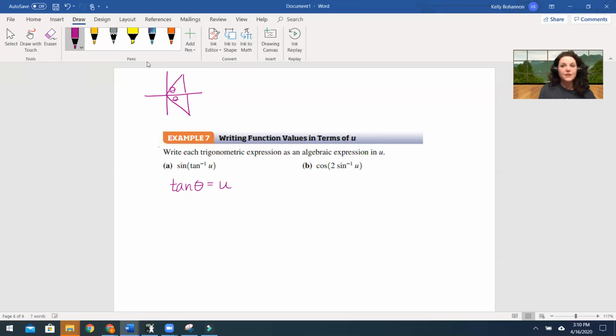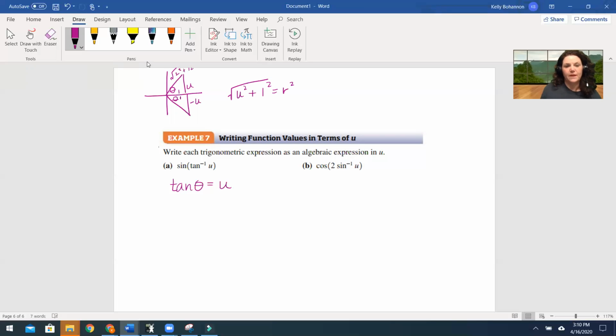All right, so tangent is y over x. So that would be u over 1. In this case, this would be negative u over 1, which means my hypotenuse is going to be u squared plus 1 squared equals r squared. Or I could just write it as r is the square root of u squared plus 1 squared.